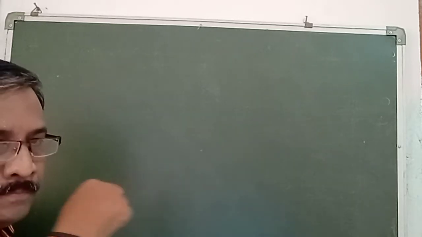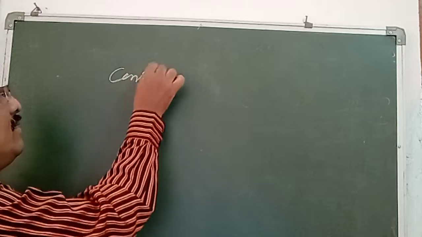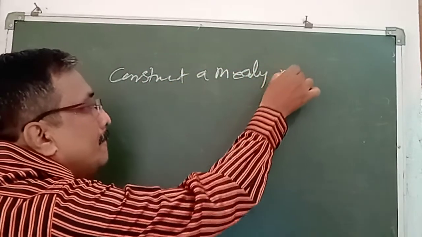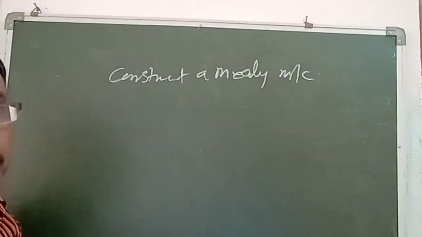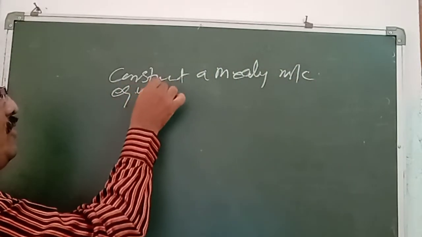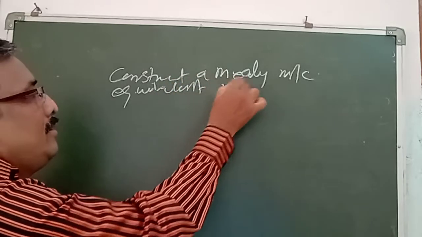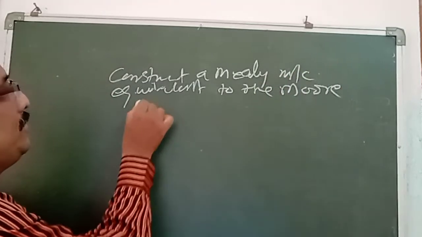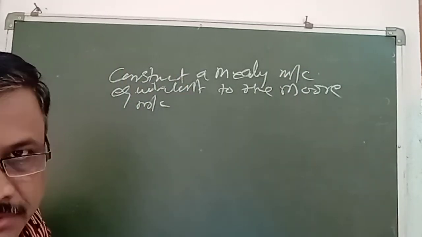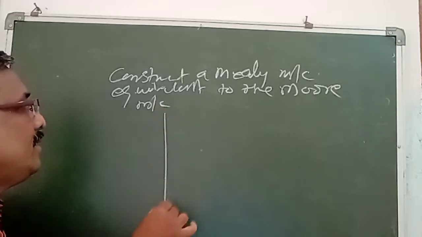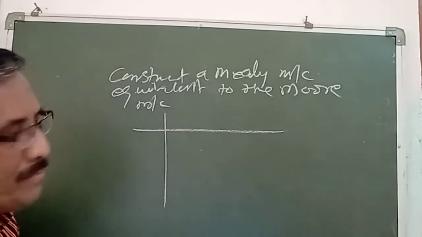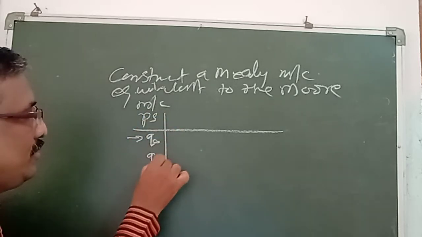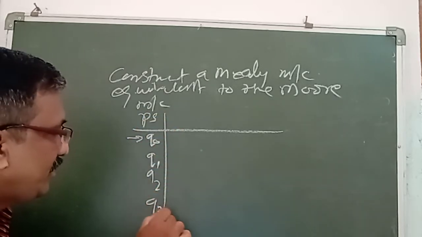Here is an example. Construct a Moore machine equivalent to the Mealy machine as given in table. Correct? Here is Moore machine whose present states are Q0, Q1, Q2 and Q3.